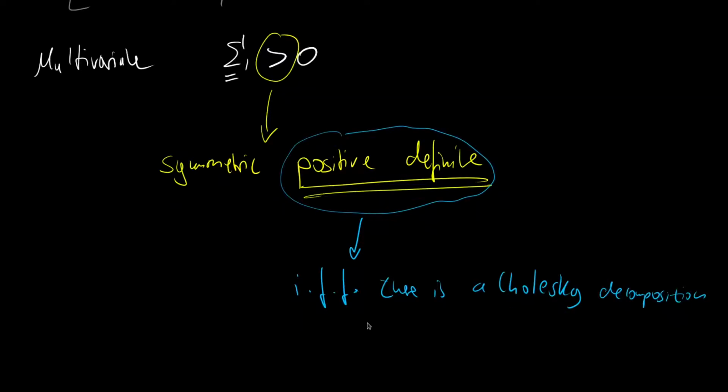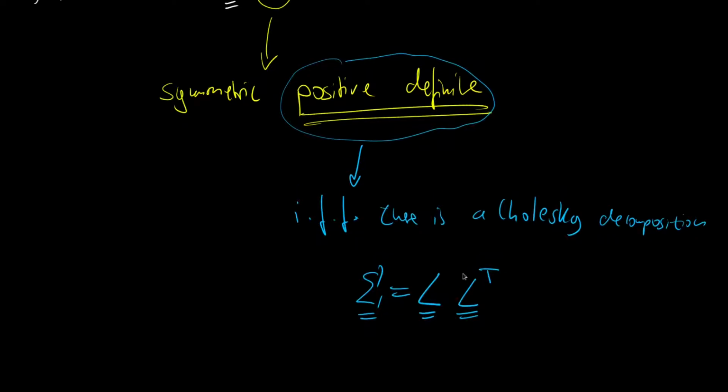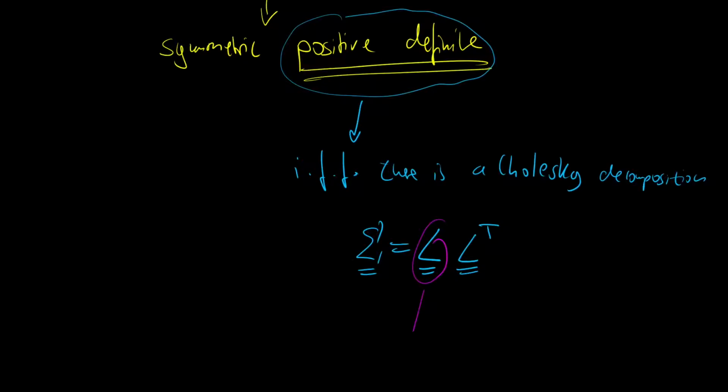The Cholesky decomposition tells us that symmetric positive definite matrices can be decomposed into a lower triangular matrix times this lower triangular matrix transpose, which will be an upper triangular matrix.